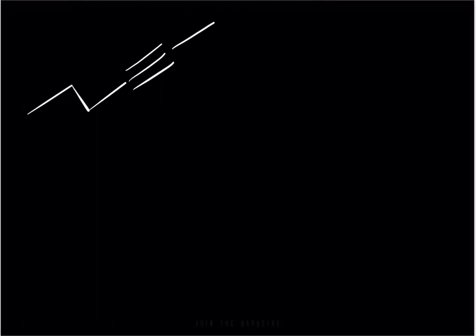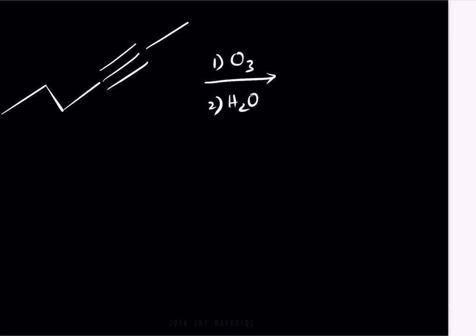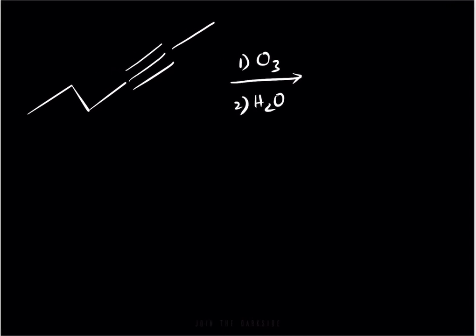So first it reacts with ozone, and second it reacts with H2O. So the reaction splits the triple bond and forms two products. So you have the two carbons. So this is one of the carbons and this is the other carbon. So it splits across the carbon structure.